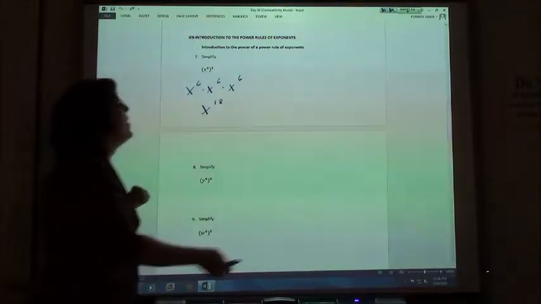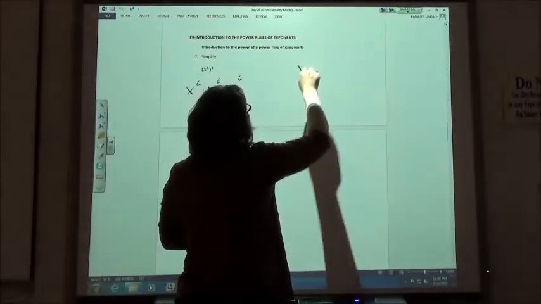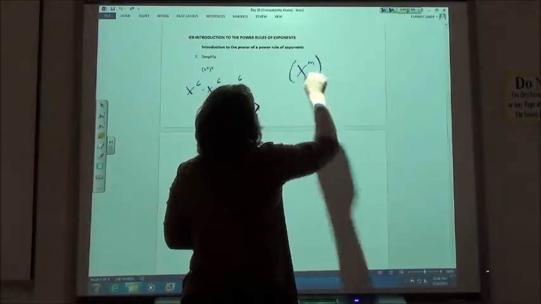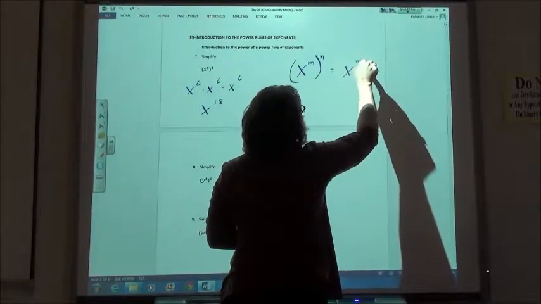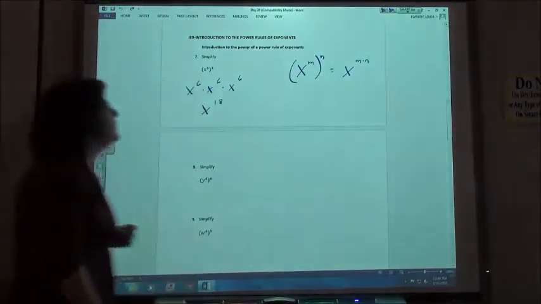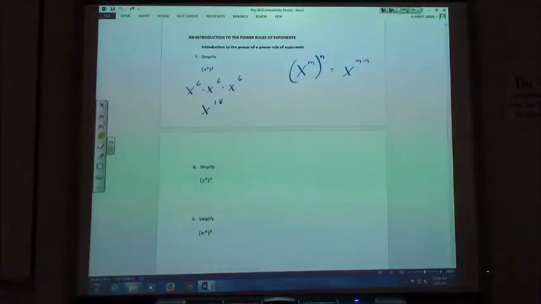Okay. So if I'm raising to a power, x to the m raised to the nth power, I am going to multiply my exponents. When I raise to a power, I multiply those exponents together.